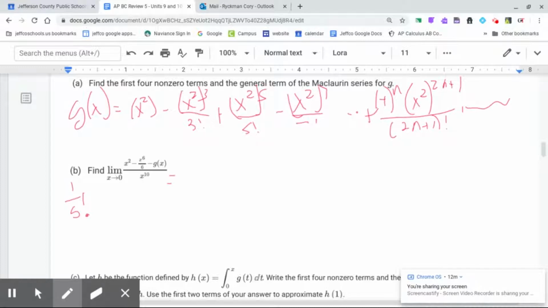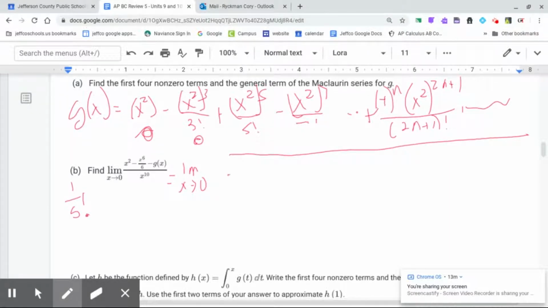All right, so instead, let's go with this. I think you'll agree that if you take x squared minus x to the 6th over 6 and subtract away g of x, then these guys will subtract away, and you'll have the opposite of all these.